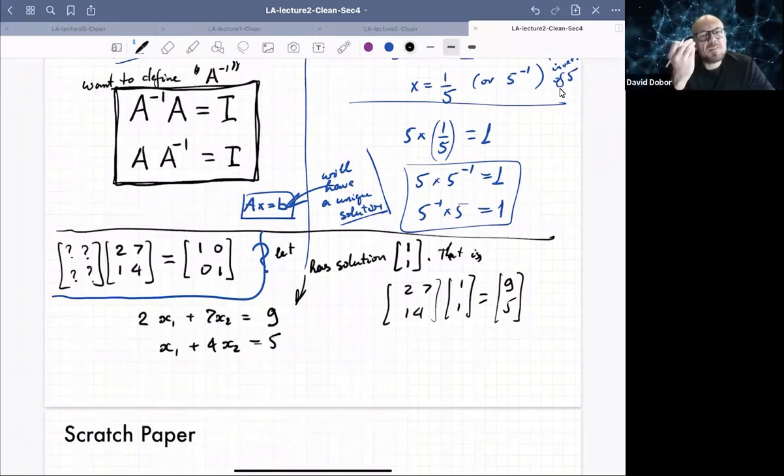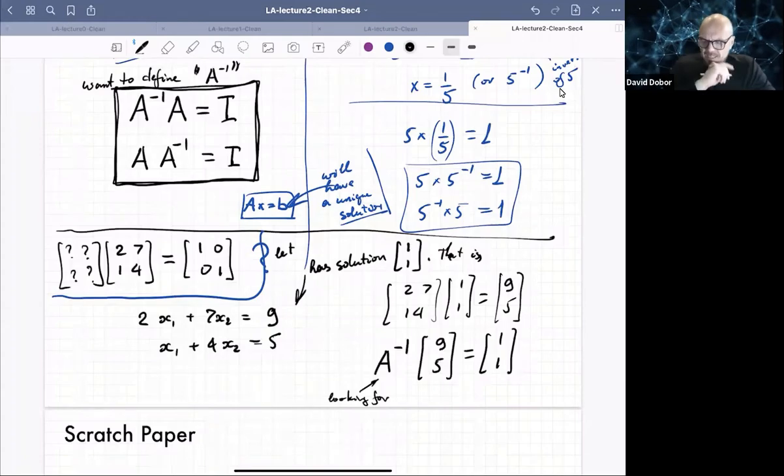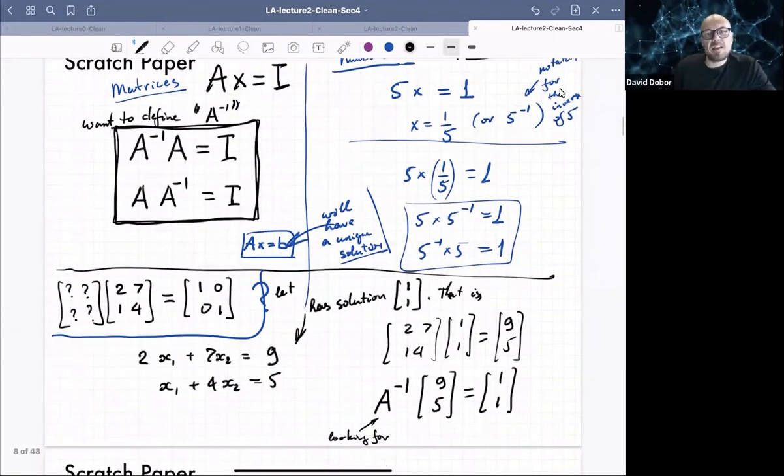Now, if I'm to find an inverse of this matrix, this is what we're looking for: when I multiply it by 9, 5, I should get the original 1, 1 back. Does this make sense, in terms of the analogy with the numbers?